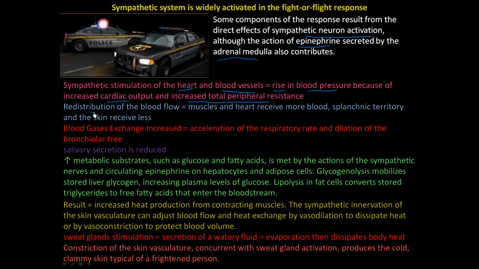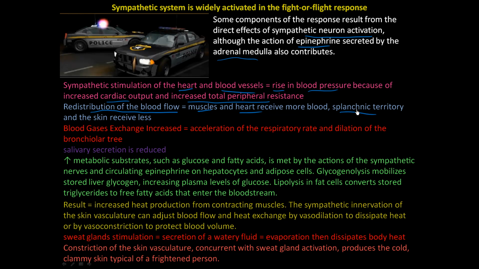There's going to be redistribution of the blood flow. So all these are components of the fight or flight response. Severe activation of the sympathetic nervous system. So you're going to see redistribution of blood flows: the muscles and heart receive more blood, the splanchnic territory and the skin receive less, so inhibition or lack of nerve stimulation, or a decrease in sympathetic tone to the splanchnic territory and the skin, mostly the skin.